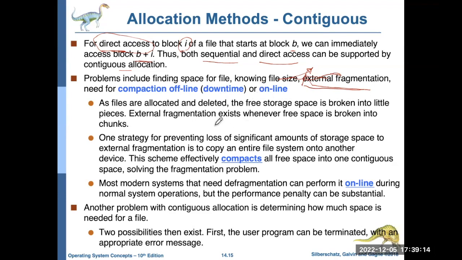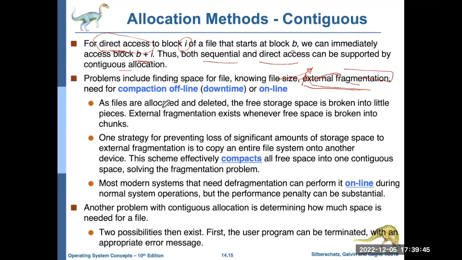Those spaces cannot be used by other files because they are separated. We are allocating contiguous space, so those small spaces which are distributed cannot be used, and that's why it is called external fragmentation. This is also important to note down.